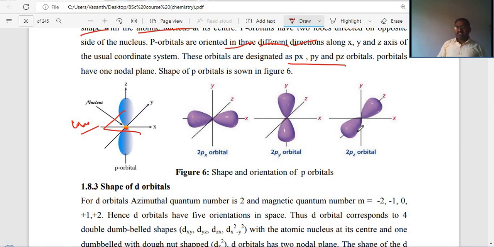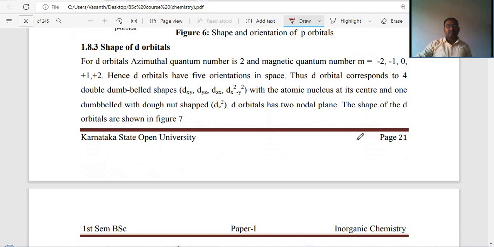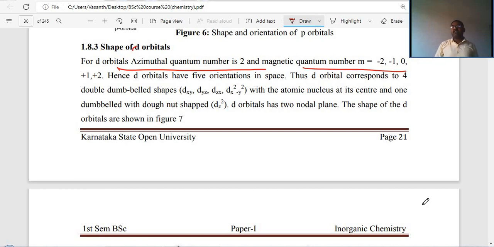Next we will move on to the shape of the d orbitals. For d orbitals, the azimuthal quantum number is 2 and the magnetic quantum number is -2, -1, 0, +1, +2. Hence the d orbitals have 5 orientations in space. Thus the d orbital corresponds to a double dumbbell shape with the atomic nucleus at its center.